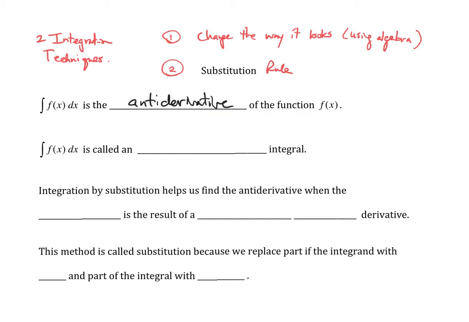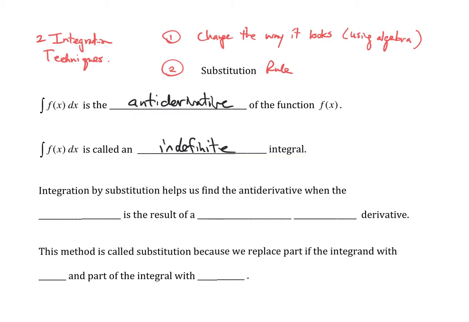So we also use that very same notation to describe something we call an indefinite integral. So these two things are exactly the same. The antiderivative is exactly the same as the indefinite integral.